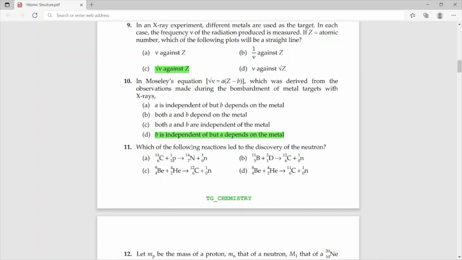11th one: which of the following reactions led to the discovery of the neutron? The right answer is option C. Beryllium, when it reacts with an alpha particle or helium, leads to carbon and a neutron. So option C is the right answer here.